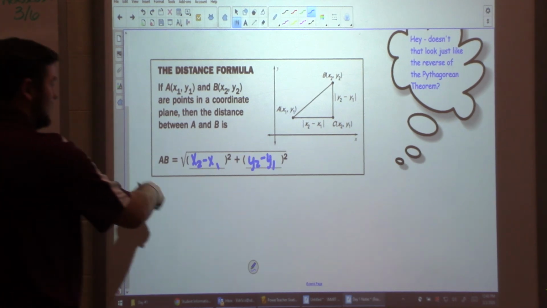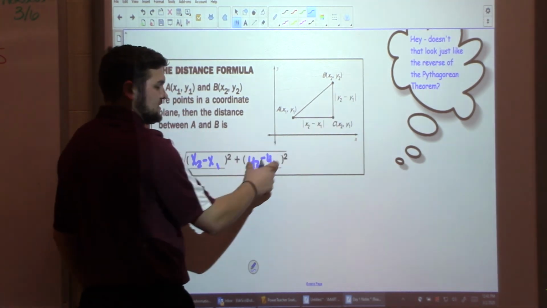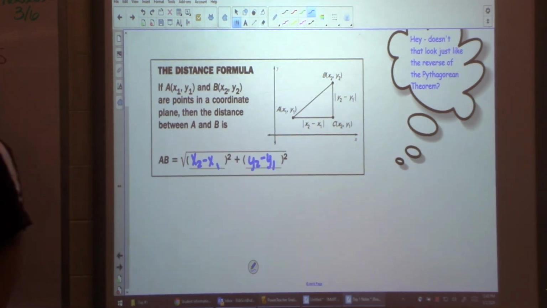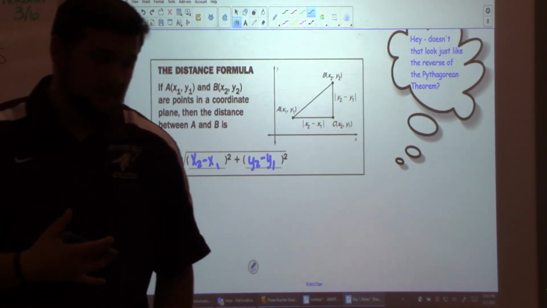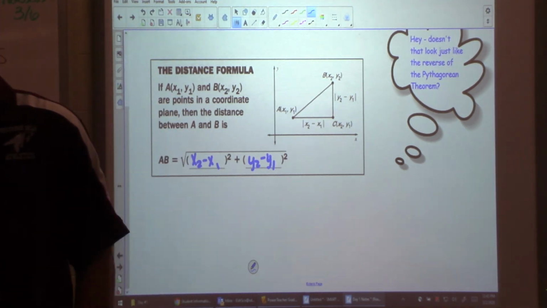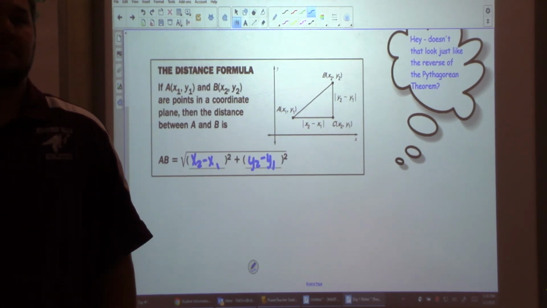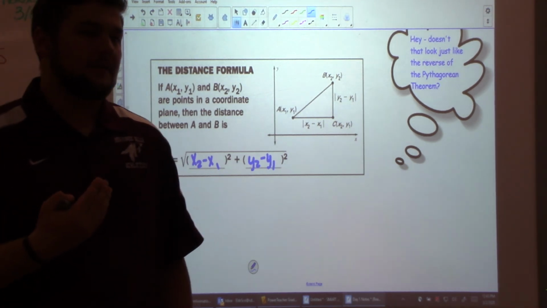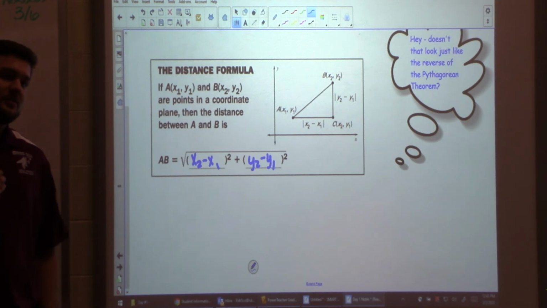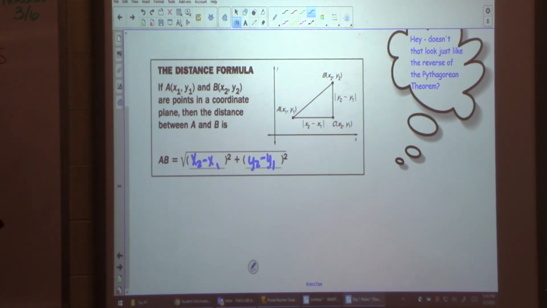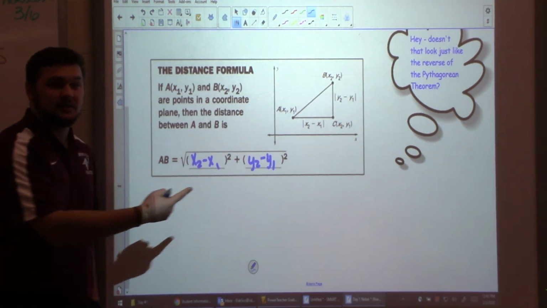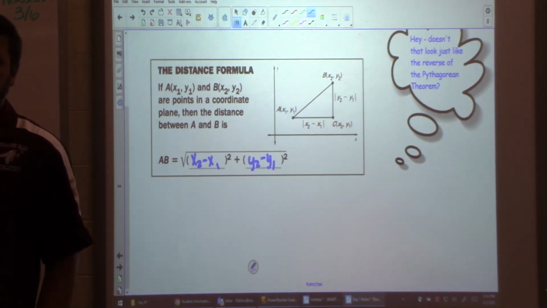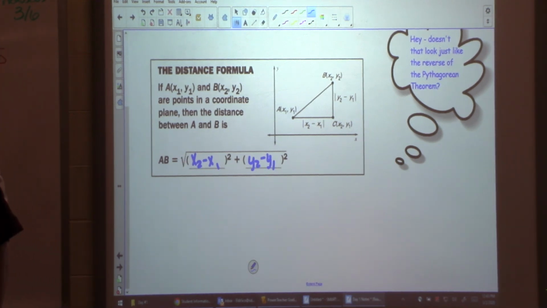So it's the square root of a squared plus b squared, or x2 minus x1 squared plus y2 minus y1 squared. The whole distance formula is derived straight from the Pythagorean theorem. Do you need to remember that it comes from the Pythagorean theorem? No. We thought we'd just show you that. Do you need to remember the distance formula? Yes. Alright? Any questions on that?